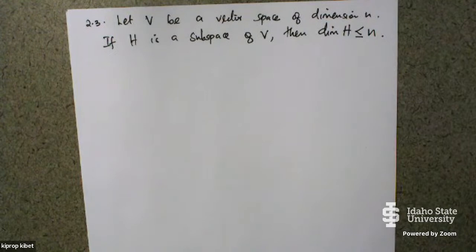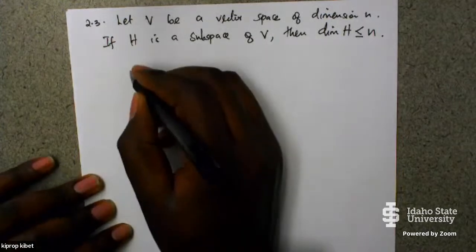So if V is the larger space, and we have a subspace which is a part of the large space, then the dimension of H can be less or equals to n. So we can prove this one briefly.